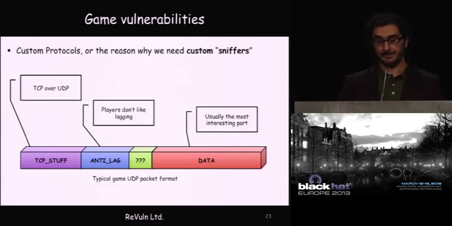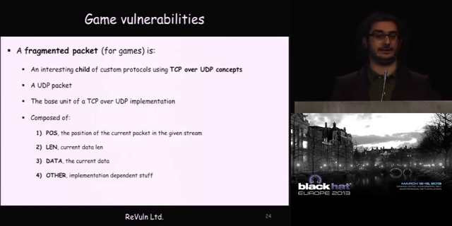An interesting point regarding this TCP over UDP implementation is given by a structure called a fragmented packet. Basically, a fragmented packet is just a UDP packet, which constitutes the base unit of a TCP over UDP implementation. Usually, these fragmented packets are composed of three main fields. The first field is the position field, which specifies the position of the current UDP packet inside the TCP stream.